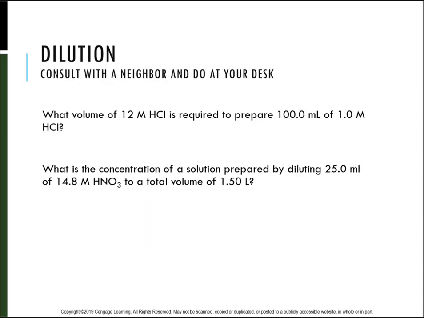What volume of 12 molar HCl is required to prepare 100 milliliters of 1 molar HCl? So let's look at what we know. We have a very concentrated solution, so this is my M1 concentration. It wants what volume of it is required to prepare.